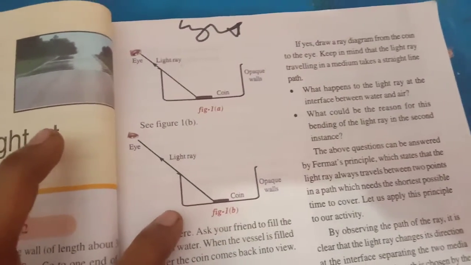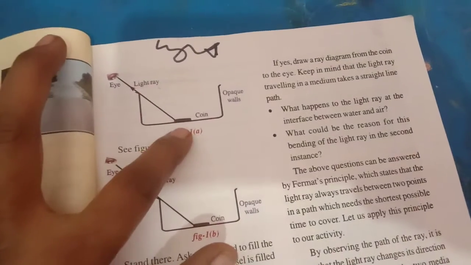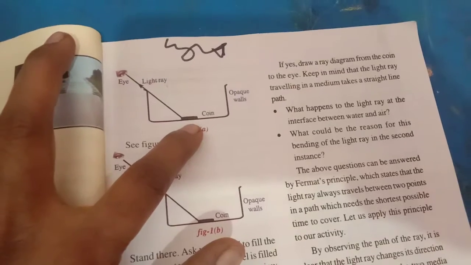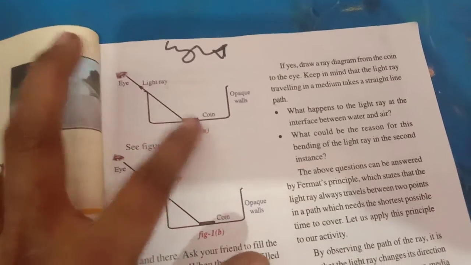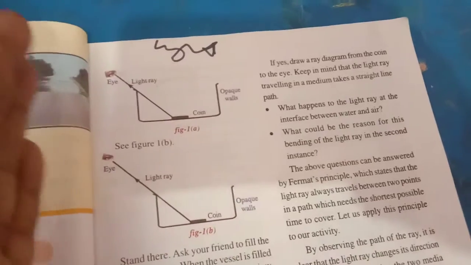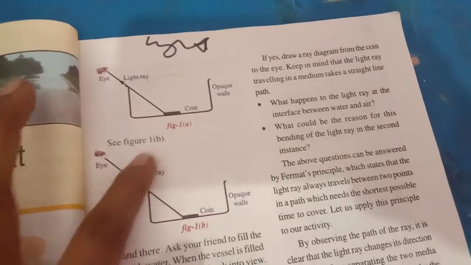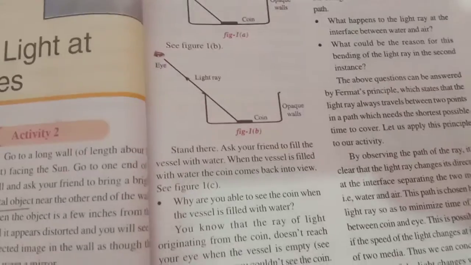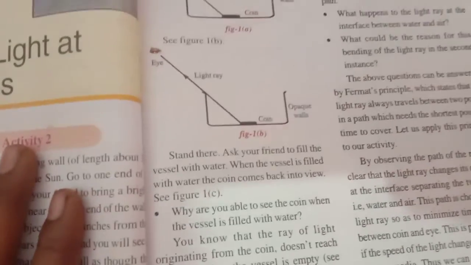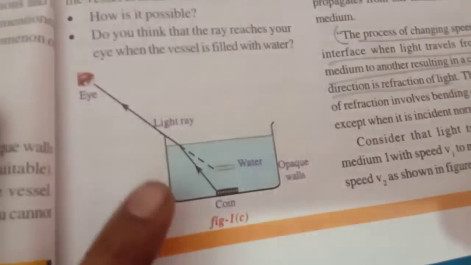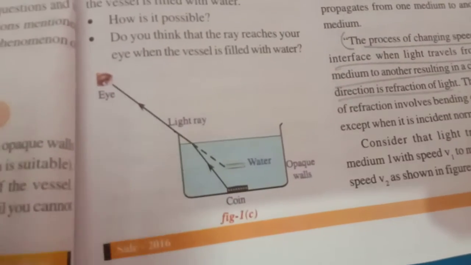So in figure 1A, he is asking to keep the coin at the bottom of the tumbler and to look at the coin. We can see the object. Then he asks to move a little far away from this tumbler. What happens after some time? We can't see this object. So what is it asking? It is asking to take some water in the tumbler and fill it. See, here it is. So what happens after some time?